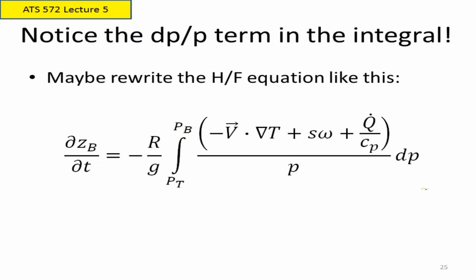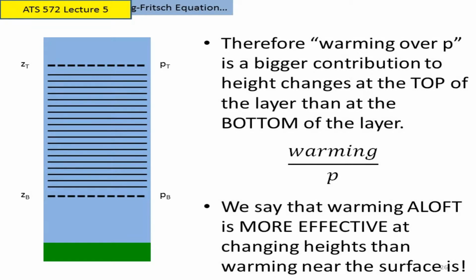So you have warming divided by P at every one of these layers in the atmosphere, but since P is getting smaller and smaller, you're dividing by a smaller and smaller number the higher up you go. The same amount of warming at any particular altitude is going to result in a bigger change in the geopotential heights the higher up it happens, because you're dividing by a smaller number of P there.